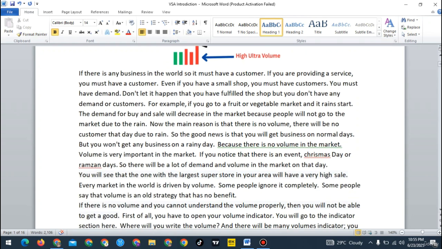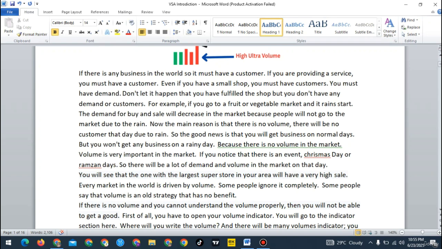If there is any business in the world, it must have customers. If you are providing a service, you must have a customer. Even if you have a small shop, you must have a customer. You must have a demand. Don't let it happen that you have filled the shop but you don't have any demand or customers.